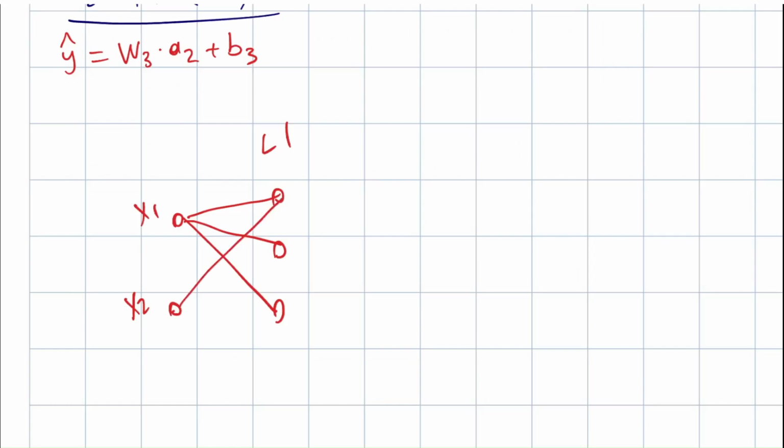And corresponding to that, in that layer, you have, let's call it, WL1, and this is your input, and B. What is that? This is a three-dimensional vector. That's what's interesting about that.